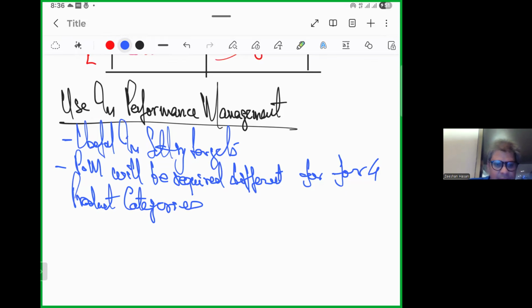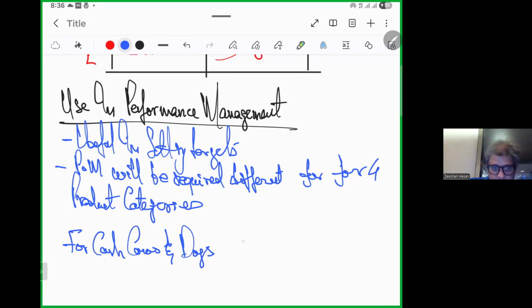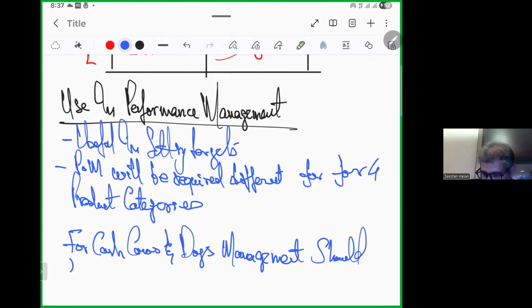For cash cows and dogs, management should focus on cost control.